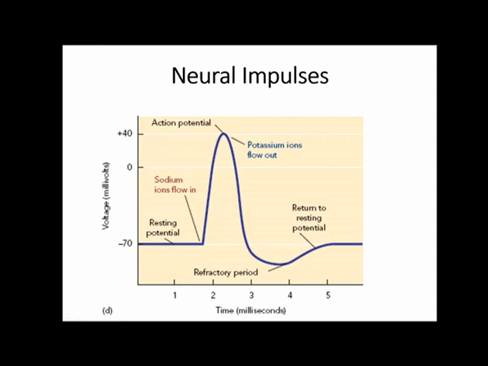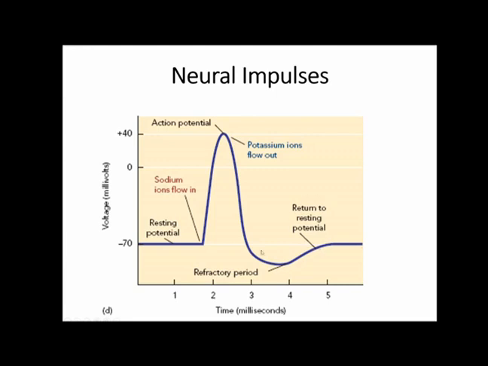So we'll use active processes, and we will push out all the sodium ions. We'll put those back outside of the cell membrane, and we'll use a process to bring in all of the potassium ions that had gotten pumped out. And as we get back to our normal balance, then we'll return to our resting potential.